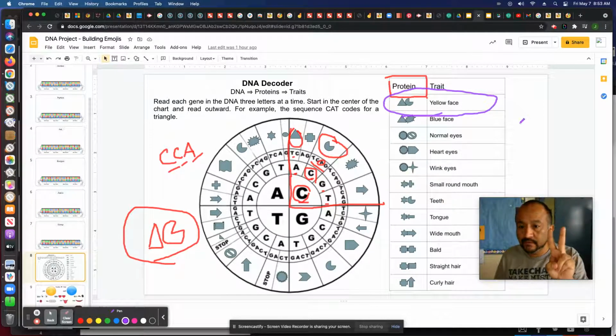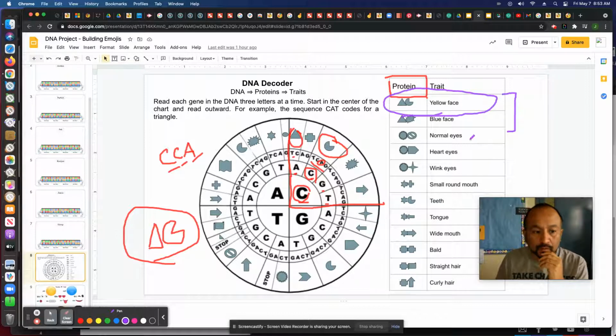So there's two kinds of faces. There's either a yellow face that you can put on your emoji or a blue face. Looking at the DNA code, you also have normal eyes, heart eyes, or wink eyes.